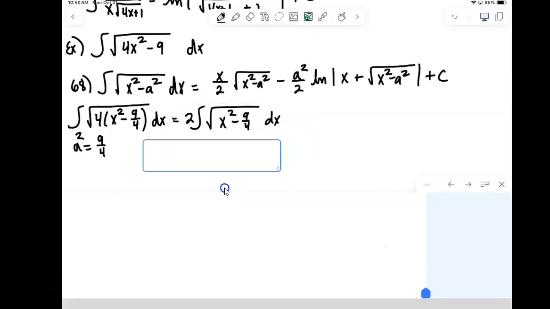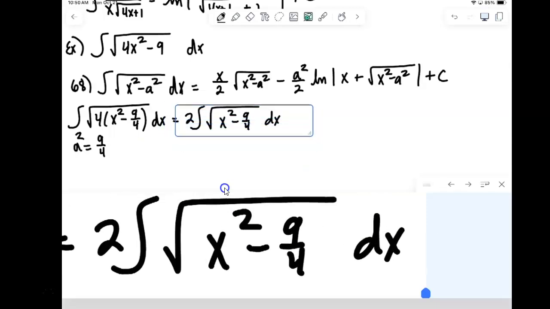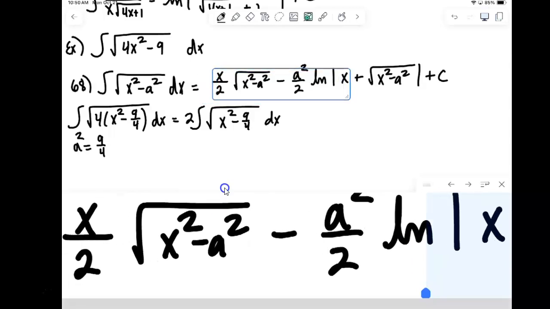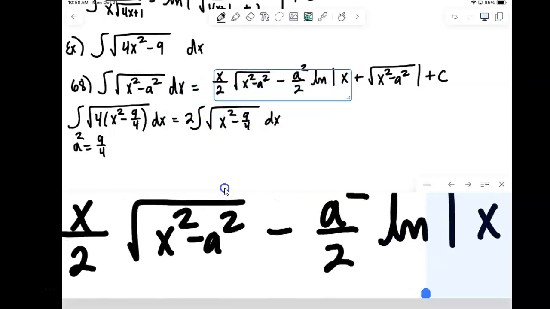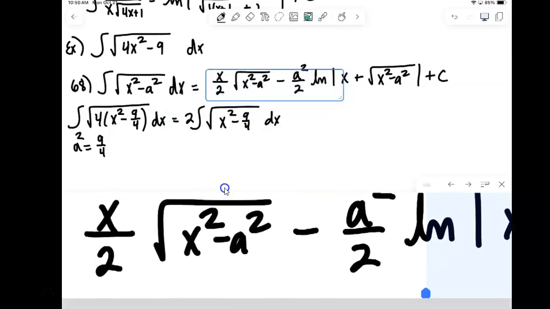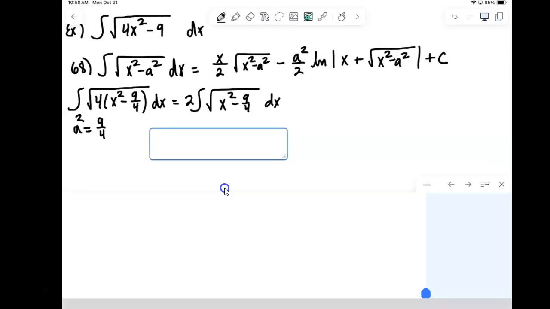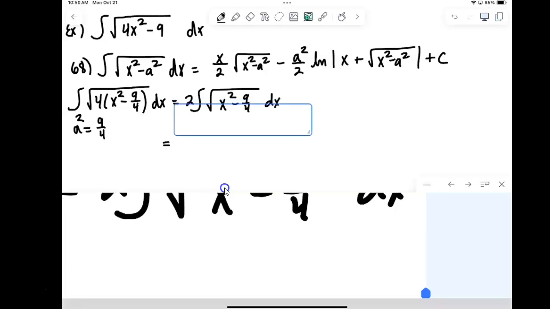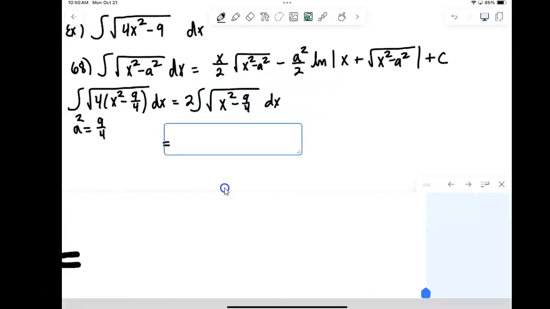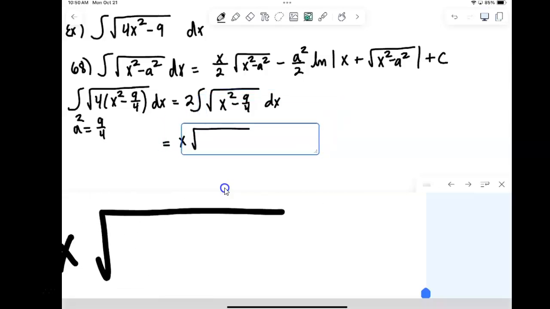Because this is all multiplied by 2, those halves that were involved in that formula can both just disappear. So I'm just going to drop them out of the problem. I will have x over 2, but it's times 2, so the 2 goes away. So I just have x times the square root of x squared minus 9 over 4.